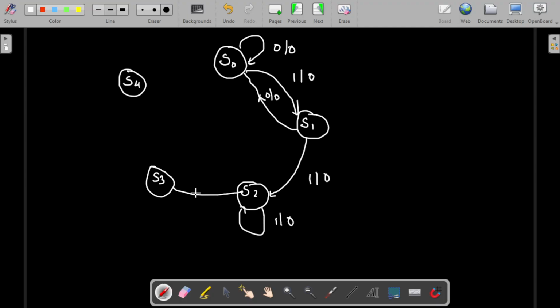It goes to the next state if the input is 0, output 0. It goes to the next state if the input is 1 and the corresponding output is 0, and otherwise the sequence is broken.